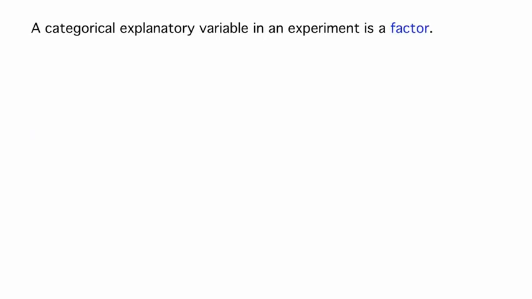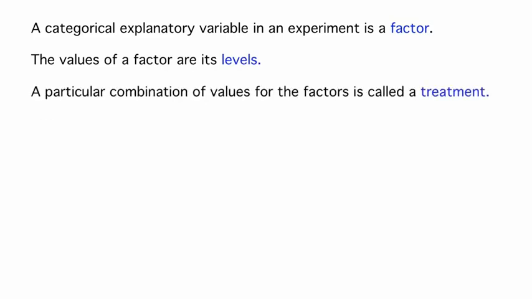The values of a factor that are studied in an experiment are its levels. In our HPV vaccine example, the factor is vaccination status with levels yes or no. A particular combination of values for the factors is called a treatment. When there is only one factor, as in the HPV study, the treatments are the levels of the factors.